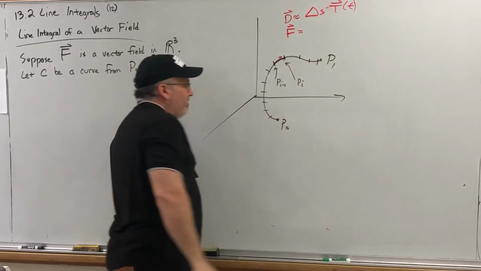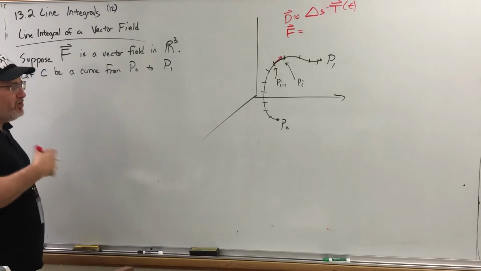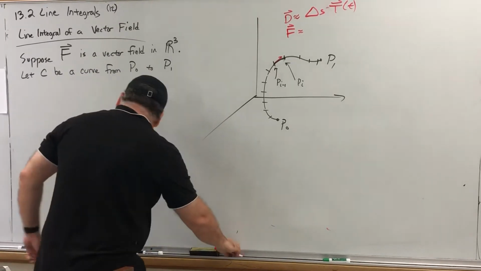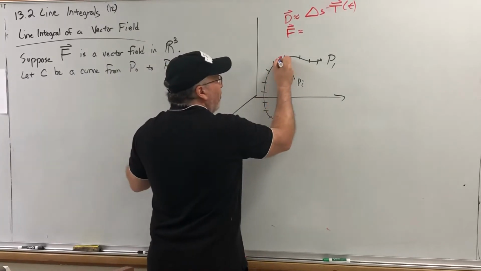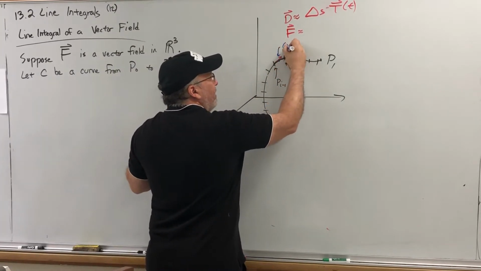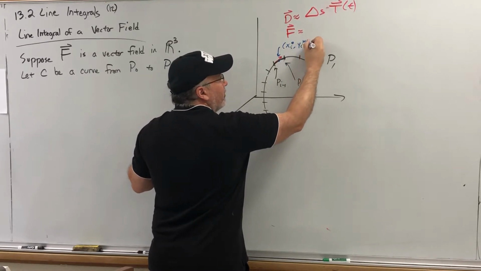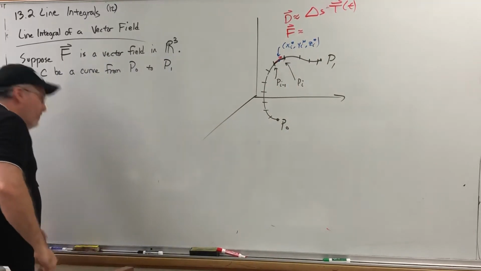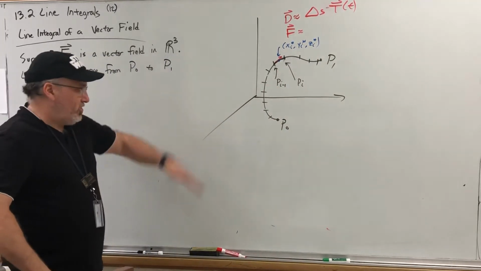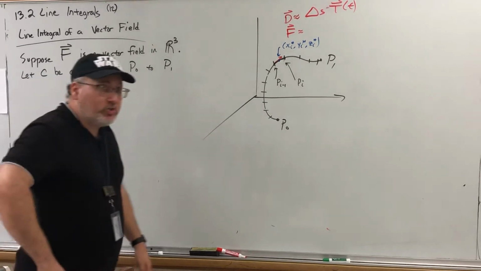Well, the trick to estimating the force is to pick some random point in that small sub-arc, and we'll call this random point (x_i*, y_i*, z_i*). So we know the direction it's traveling, or we have a displacement vector to represent the direction it's traveling.